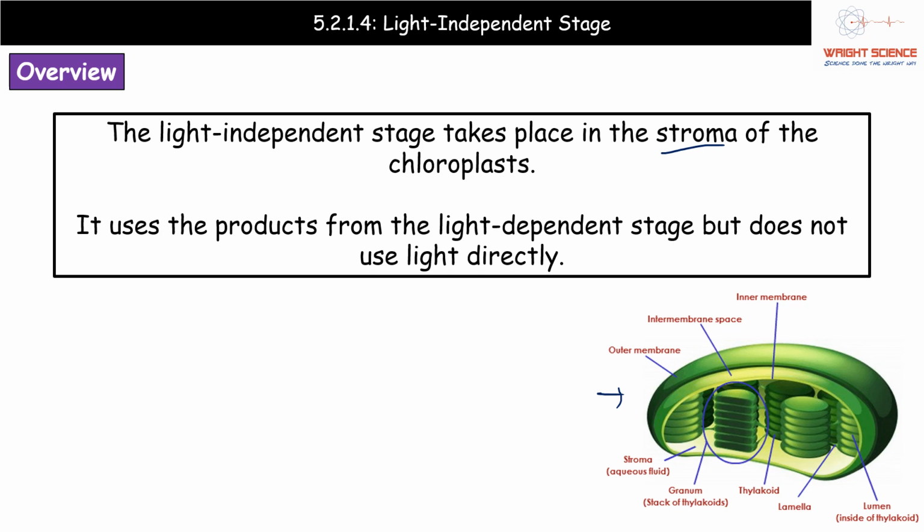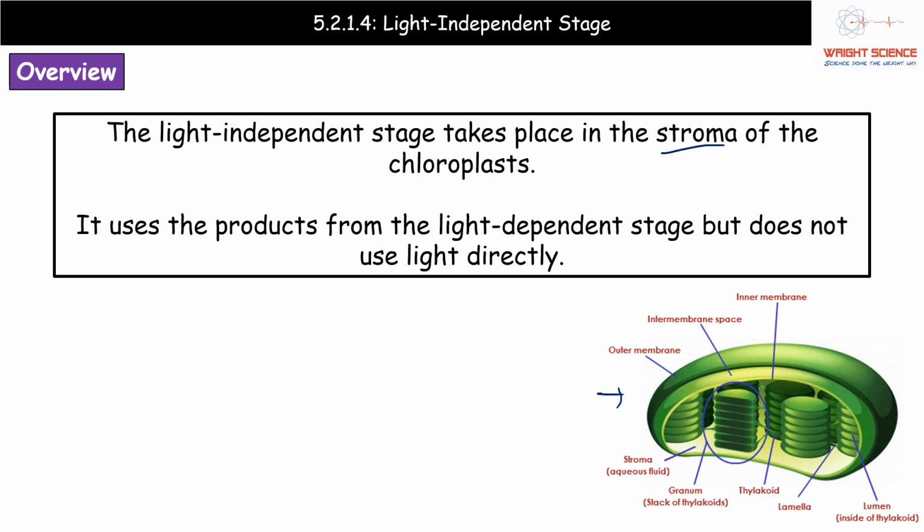As a reminder, we do have that outer membrane, the inner membrane with intermembrane space between them. Then we've got those stacks of thylakoids to make the grana connected by those lamellae. And then all around them, that fluid that we've got between them, that is the stroma. Now, the light independent stage is light independent because it's not using light directly.